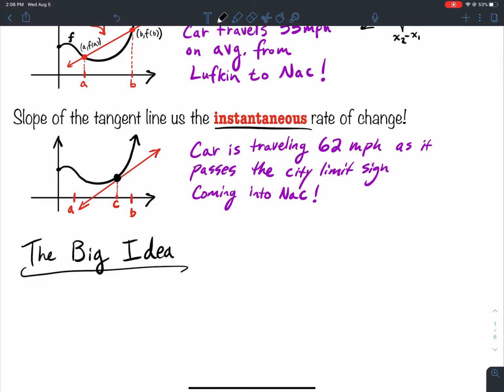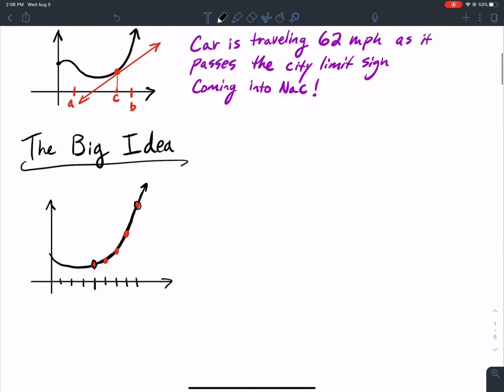So what is the big idea here? What is the big idea? Well, say I have some curve, okay? So what I want to do is start with the slope of the secant line. So let's pick 2 points. I'm going to let x be arbitrary, and then have my x naught here, okay?